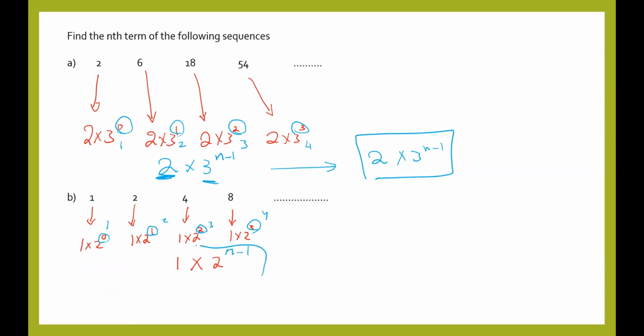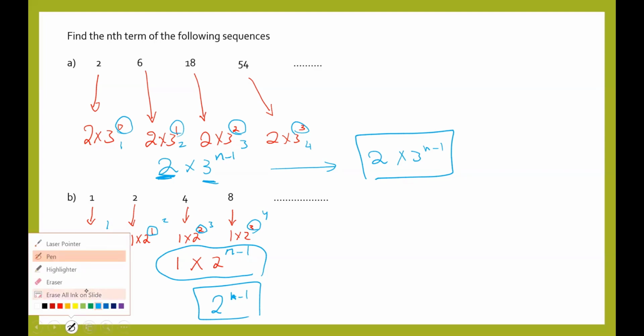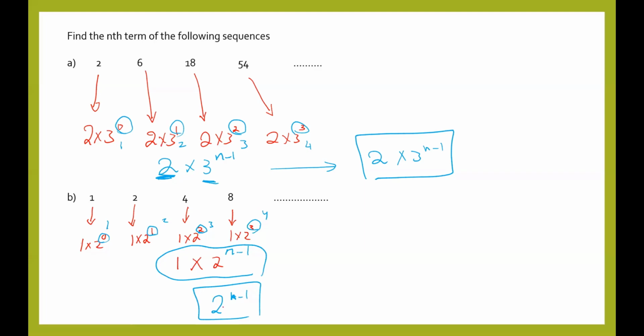You can write this simply as 2 power n minus 1 only, the nth term, because 1 is the multiplicative identity, so multiplying by it will not affect anything. It will be 2 power n minus 1. If you want to make sure your answer is correct, you can replace n by 1, then n by 2, then by 3, then by 4.